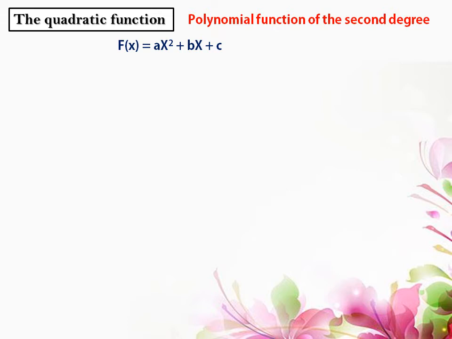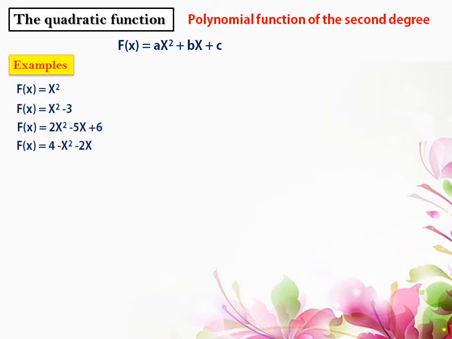Now let's see some examples for the quadratic function, like f of x equals x power 2. The rule of the function is x power 2. X power 2 is a quadratic function of second degree. Number 2, f of x equals x power 2 minus 3. The greatest power in the rule is 2, so the function is quadratic.